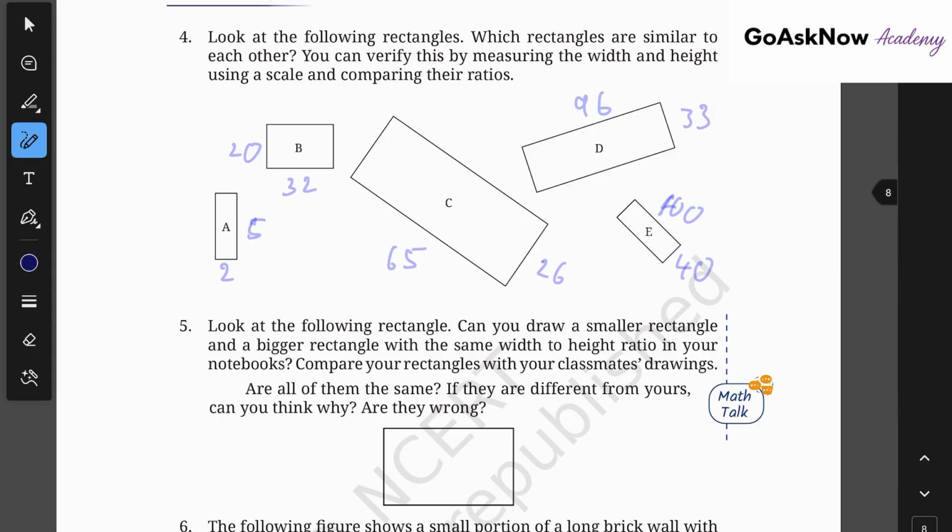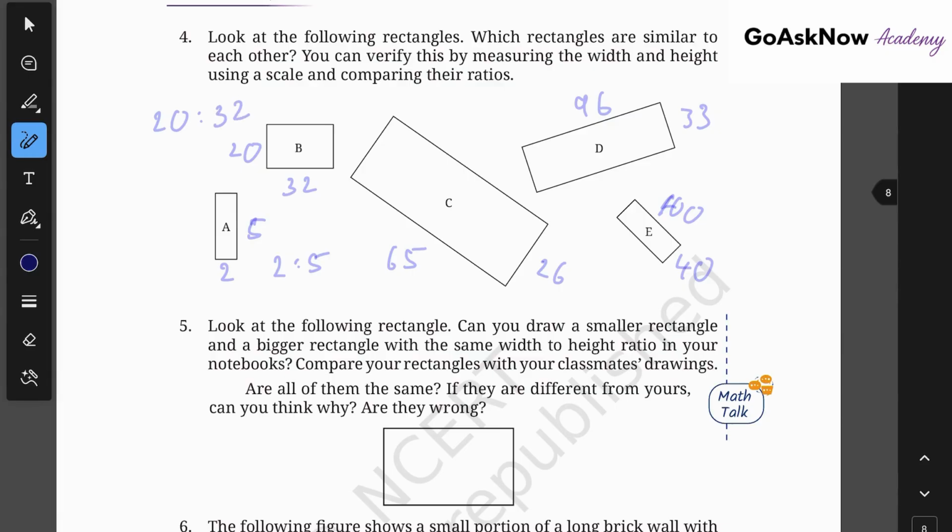Now let's simplify the ratios. So for rectangle A, height to width is 2:5. This cannot be simplified more, so this ratio is in the simplest form. Rectangle B, the height is 20 and the width is 32.